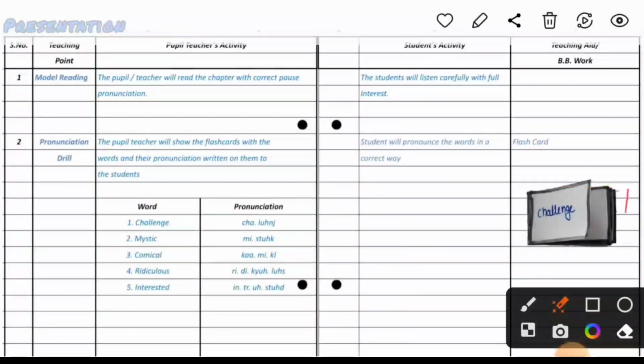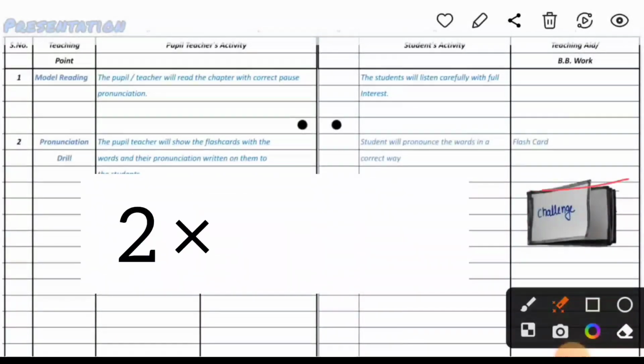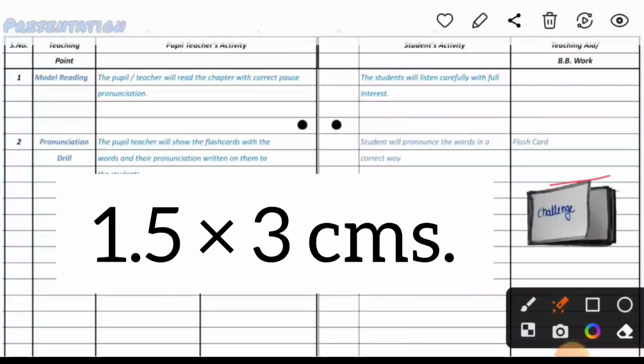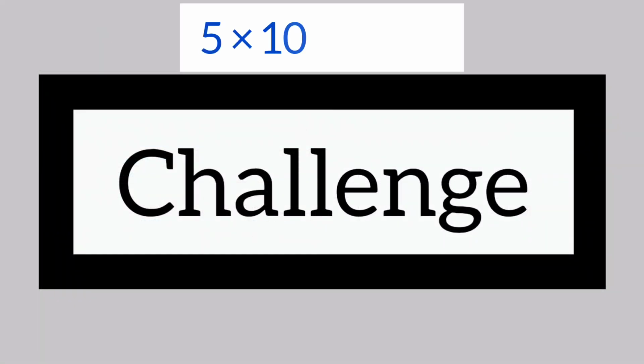The size of the miniature should be 2 into 3 centimeters, or you can keep it 1.5 into 3 centimeters also. And the size of the actual flashcards that you will be showing in the classroom should be 5 into 10 inches. Make a border on it also. They should look attractive and the letters should be written clearly on them.